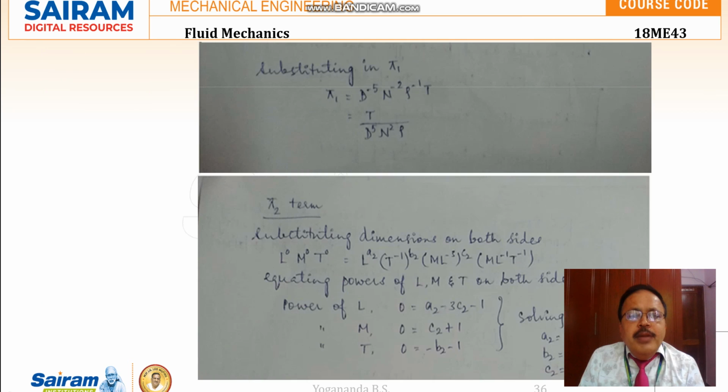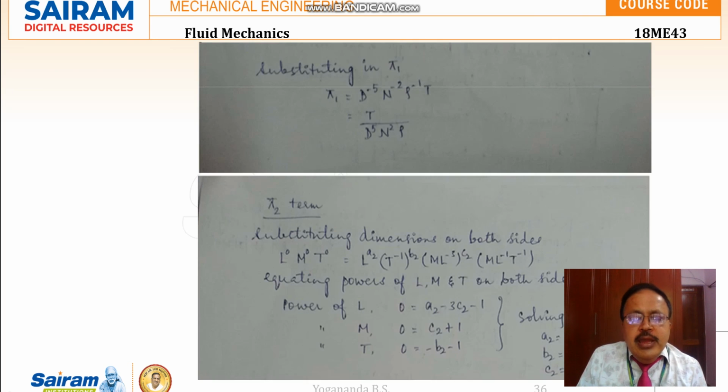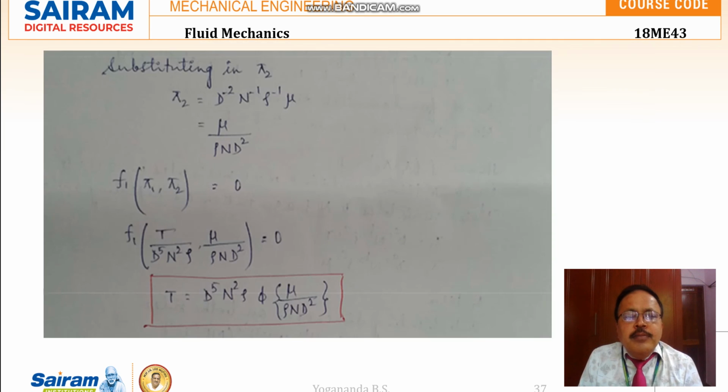Pi 2 has D, N, rho and mu with the powers A2, B2, C2. Substituting the A2, B2, C2 obtained in the pi 2 term, we get pi 2 here.